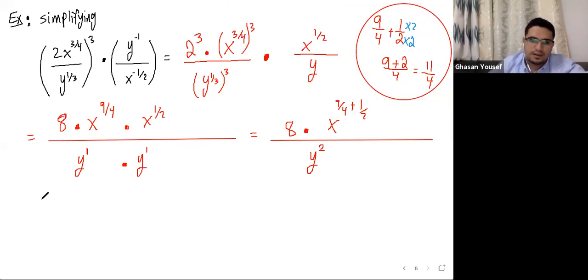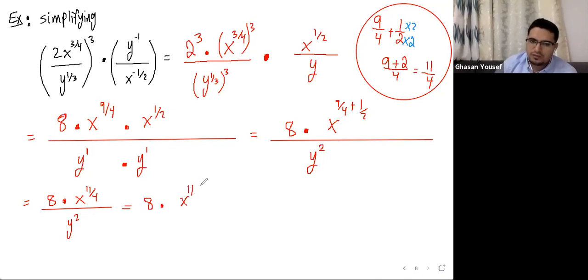Now here I can get equal 8 times x to the power 11 over 4, everything over y to the power 2. If the question told you don't write the answer in the negative exponent, I mean don't write the answer with the fraction, you just have to write it like this: equal 8 times x to the power 11 over 4 times, now if I want to raise this one up, what do I have to do?